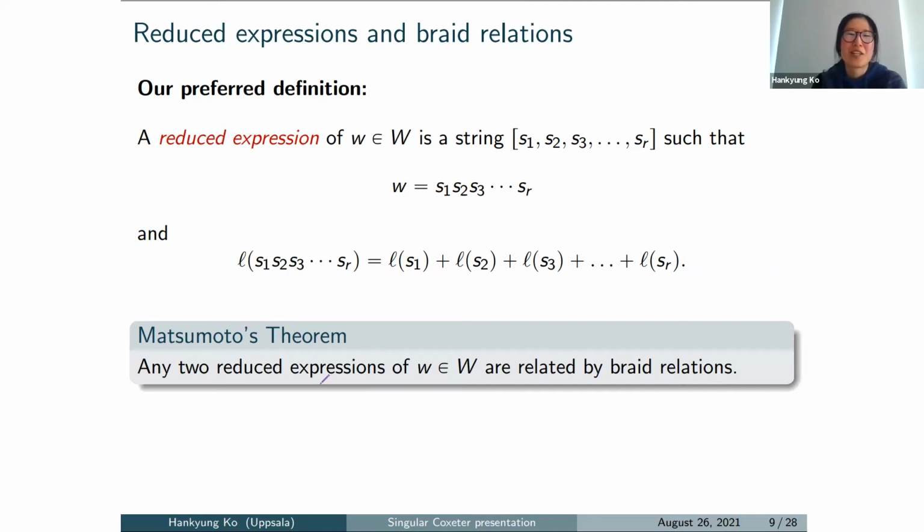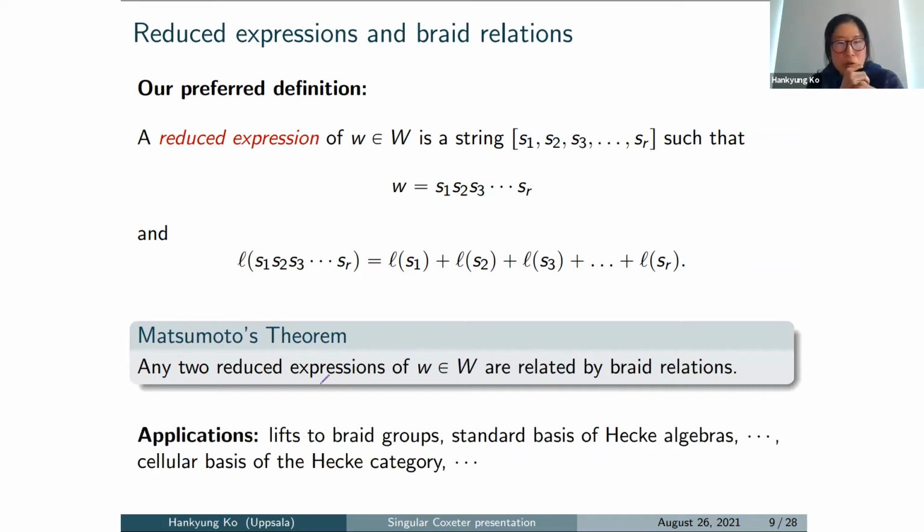This says that we do not need to apply any reflection relation in any direction if you have reduced expressions. This is a very important and extremely useful fact. It feels a bit wrong to say applications, but I just wrote a few things, such as the cellular basis of the Hecke category; if I have time later, I might say something about this.